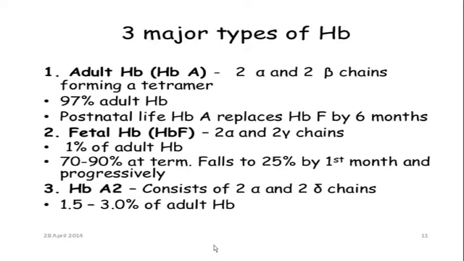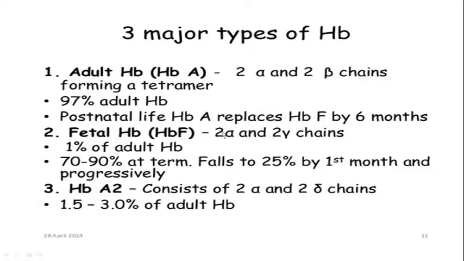There are three major types of hemoglobin. Adult hemoglobin, HbA, has 2 alpha and 2 beta chains and constitutes about 97% of adult hemoglobin; postnatally, HbA replaces HbF by 6 months. Fetal hemoglobin constitutes 2 alpha and 2 gamma chains.